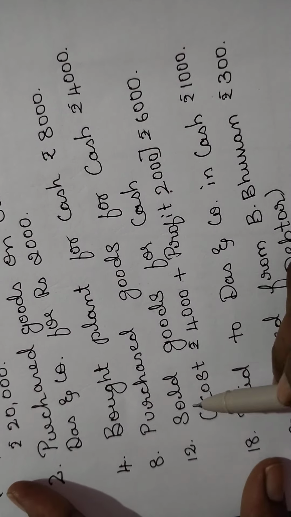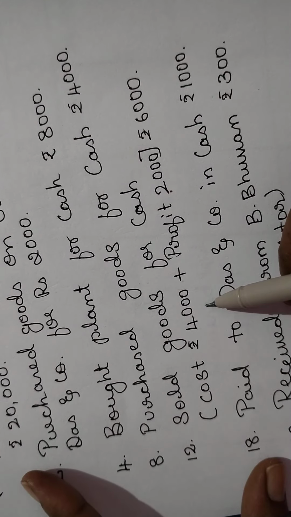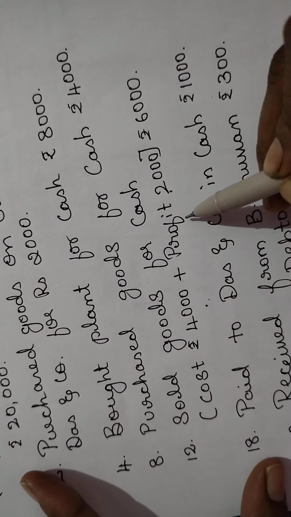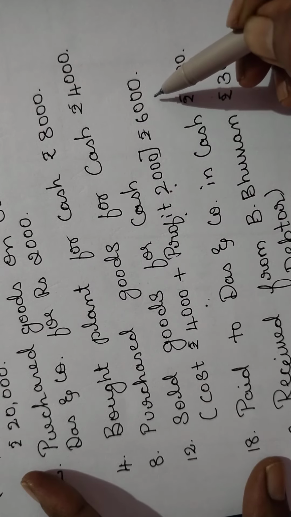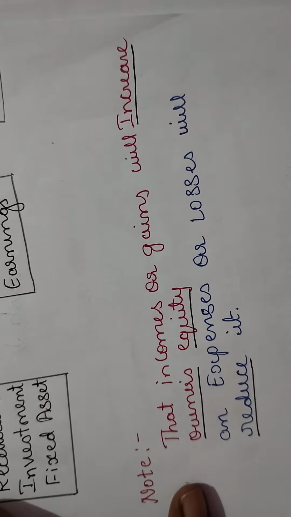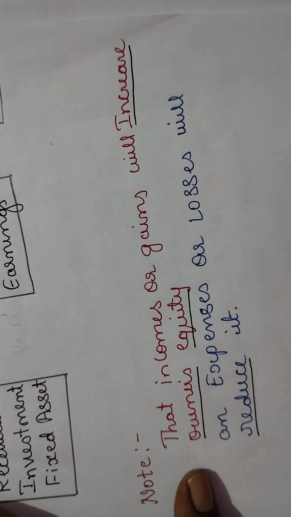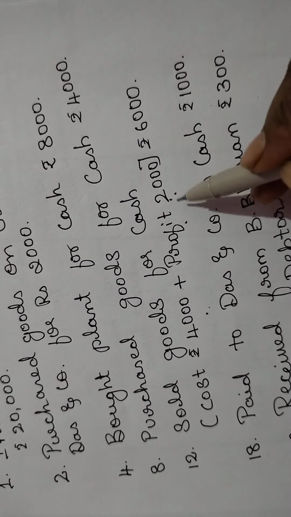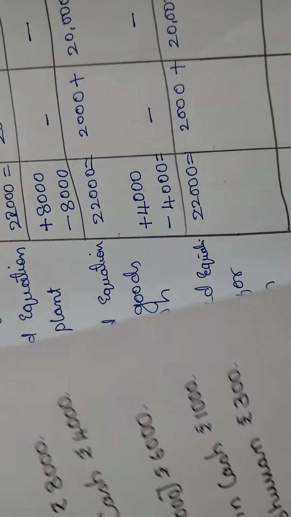Next entry is sold goods for cash. 4,000 is the cost of the goods. The profit is 2,000. The total sold value is 6,000. Here, you can recall the note which I have given you. Any income or gain will increase the owner's equity. So here the profit is increasing owner's equity. So how are we passing this entry?